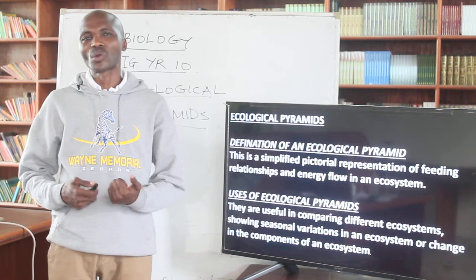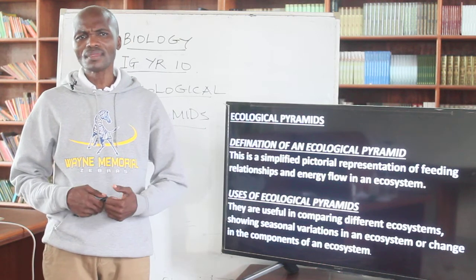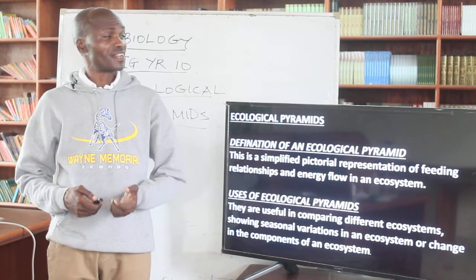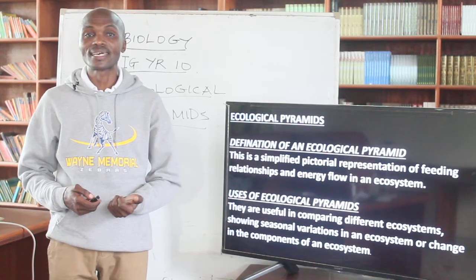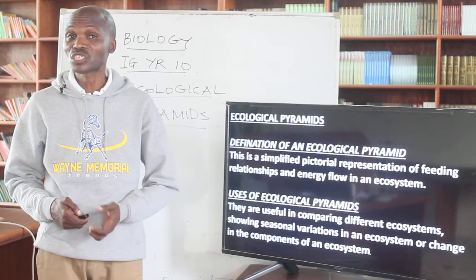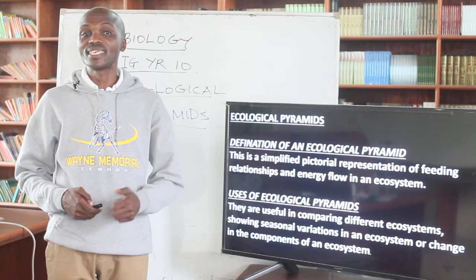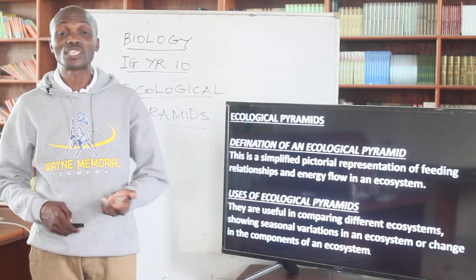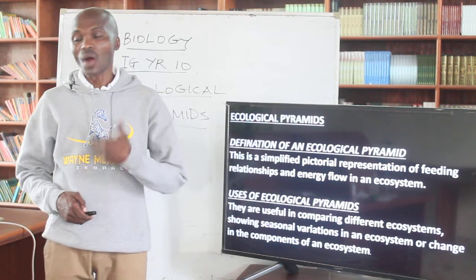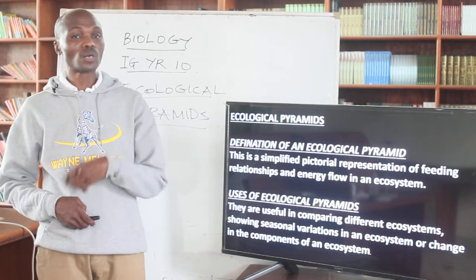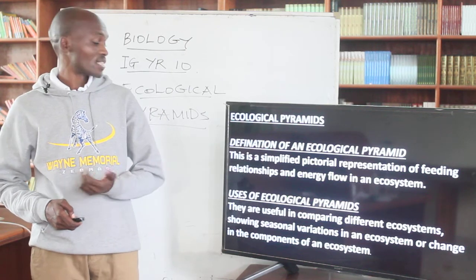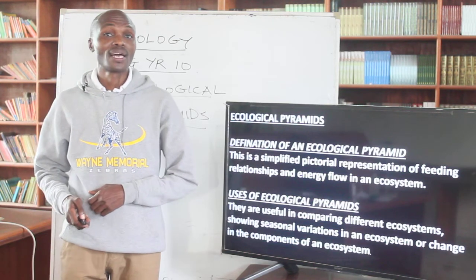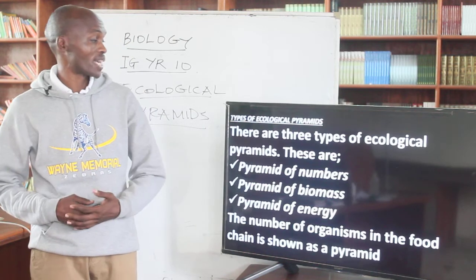Now, we use ecological pyramids in comparing different ecosystems, whereby they are able to show seasonal variations and also changes in the components of any particular ecosystem. So once you construct the pyramids, you can compare the seasonal variations and also the different components of an ecosystem that keep on changing from time to time.